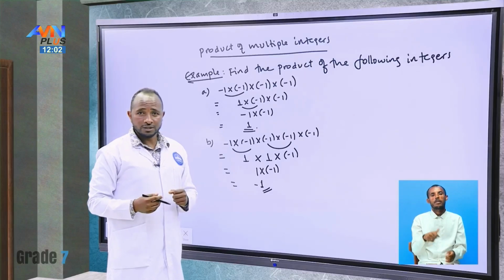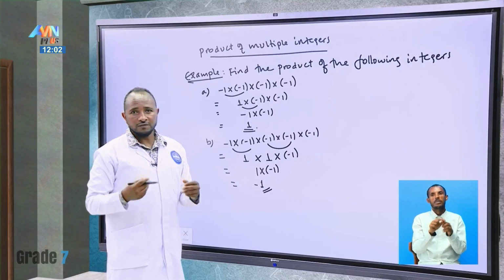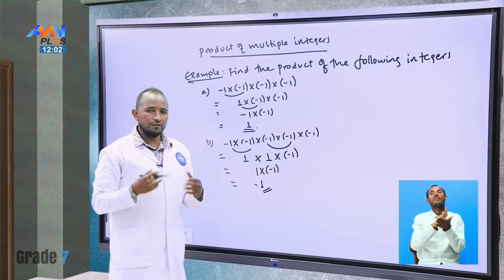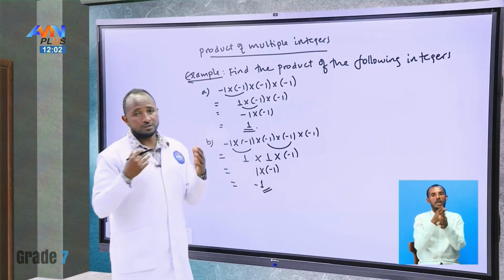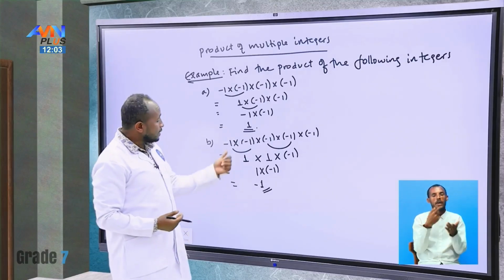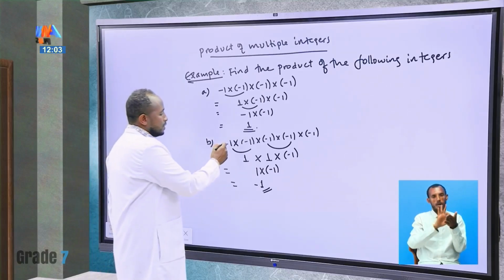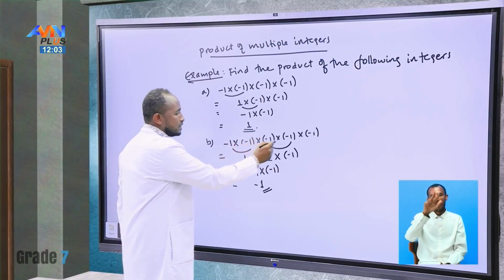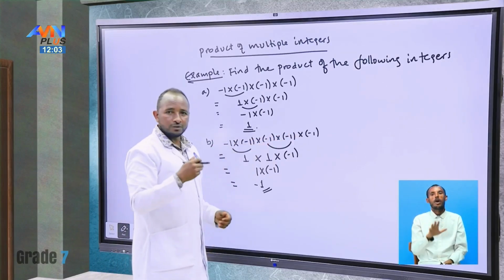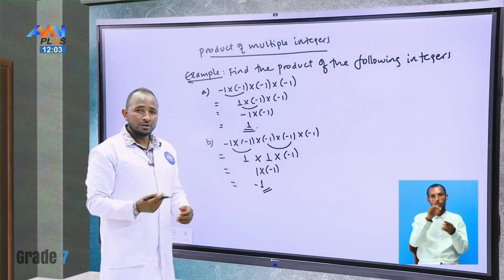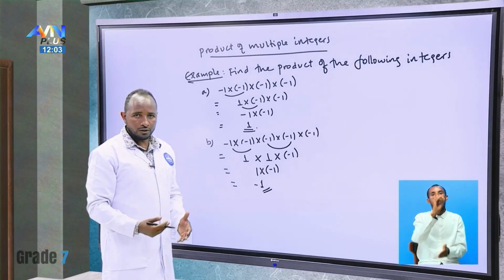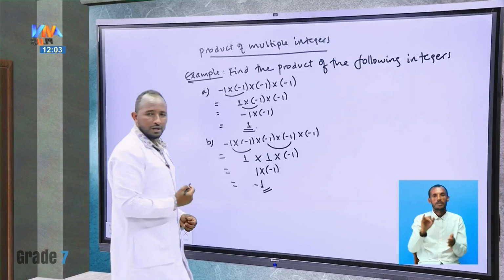In other words, if the number of negatives is even, the answer will be positive. Again here, let's count the number of negatives: 1, 2, 3, 4, 5. It's odd. If the number of negatives is odd, the product will be negative.